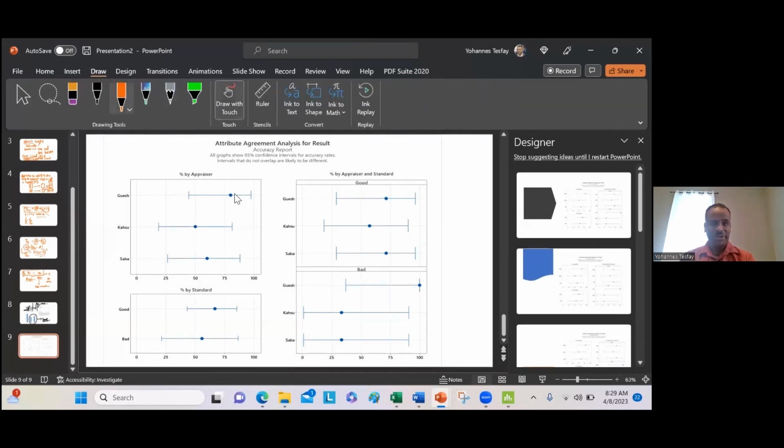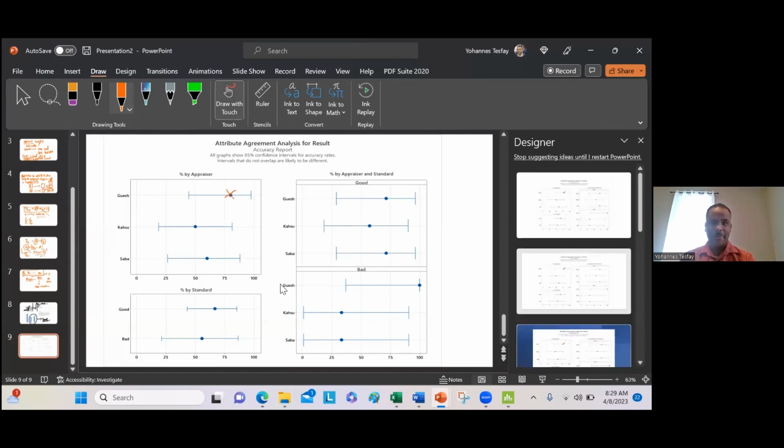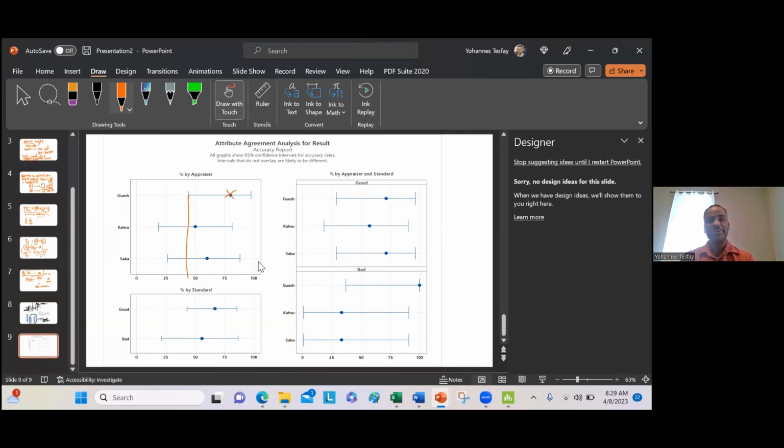As you see here, this is the estimate, GUIsh's estimate. But GUIsh can make an error up to this much percent. I don't know, 45%, or I don't know that number exactly, but he can make that mistake, and he can also measure close to 100.